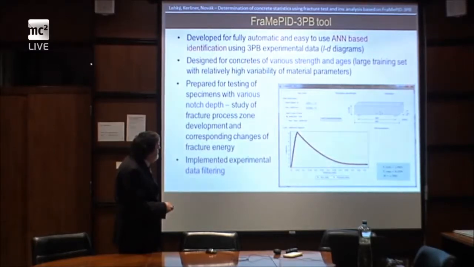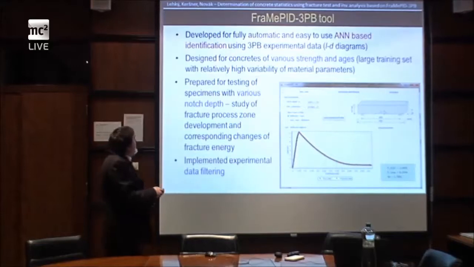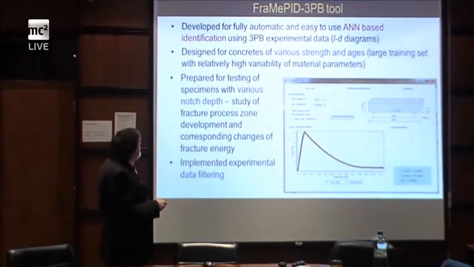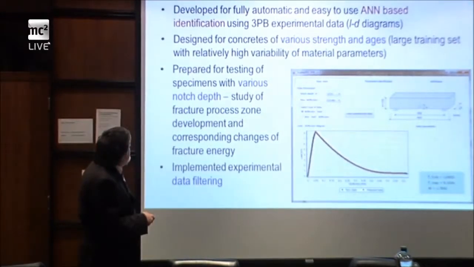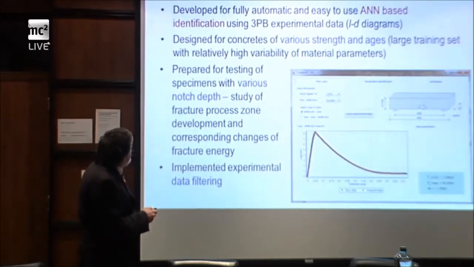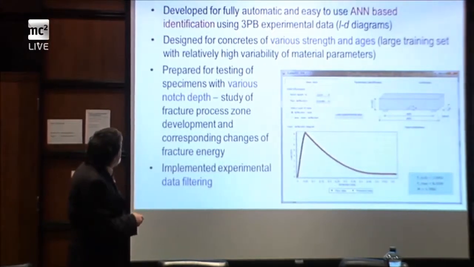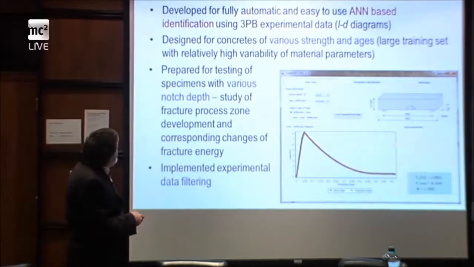And we do it routinely, very often. An inverse analysis tool, the so-called FraMePID 3-point bending tool, has been developed, and this allows us identification of parameters from experimental data, of 3-point bending experimental data.